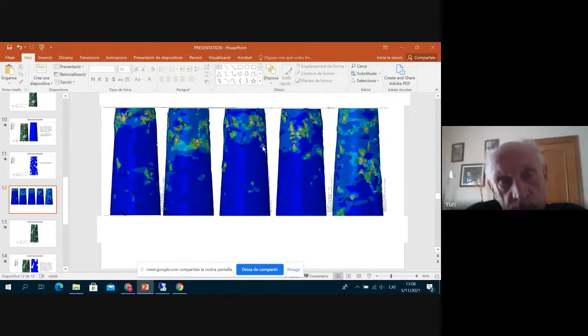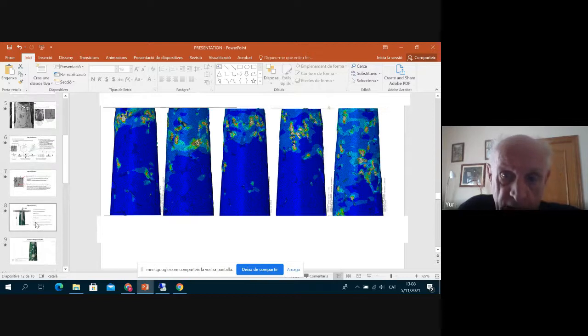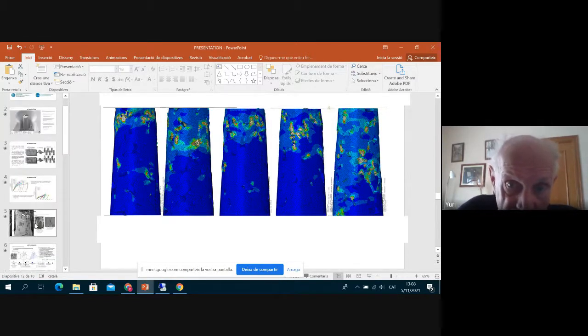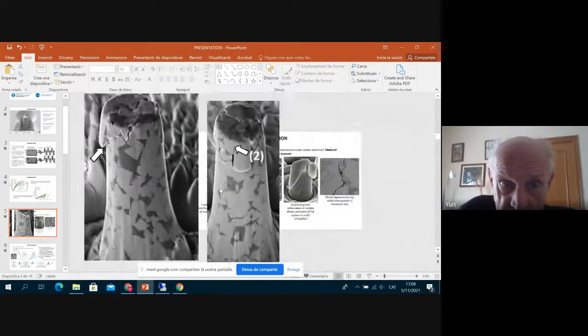I see. So in simulations you only show deformations, whereas in the image we also see defects of the sample. Yes, that's what you want to say.